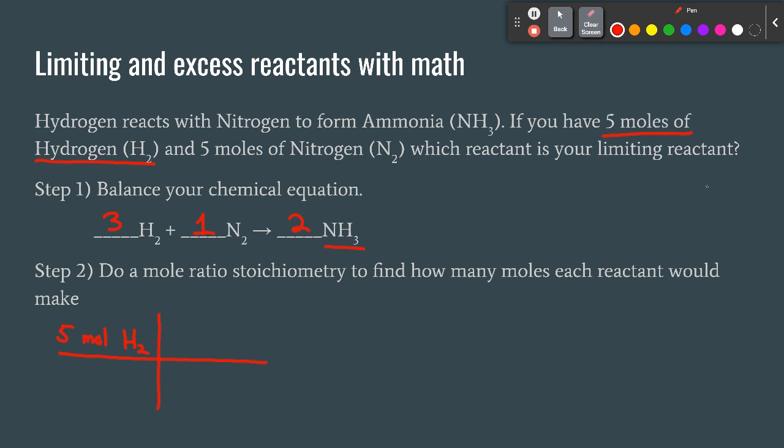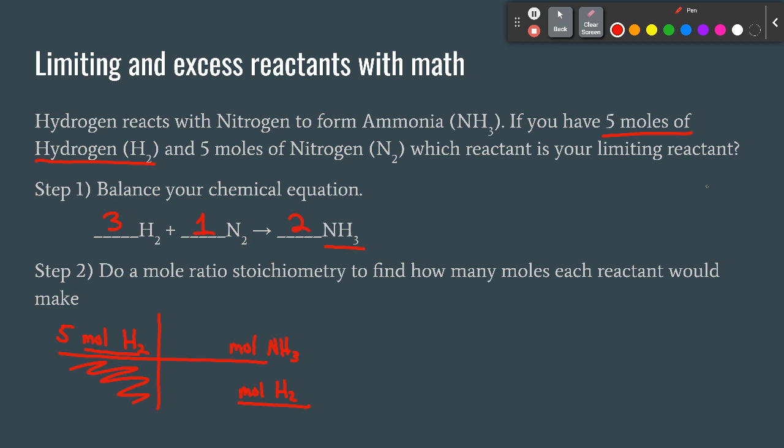So that's what I'm going to put in my top right, moles of NH3. Remember, we put nothing in the bottom left, and we have to match our units from the top left to the bottom right. So this also has to be moles of H2.